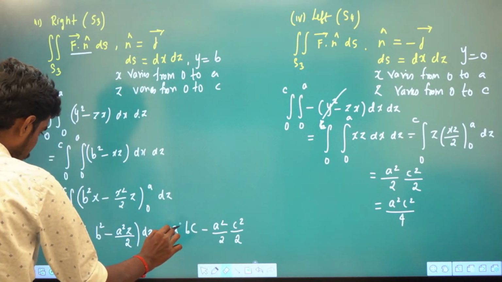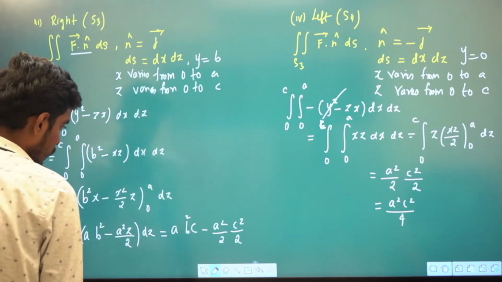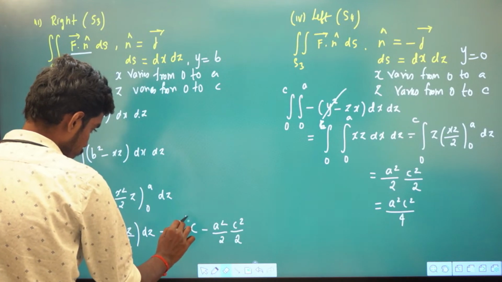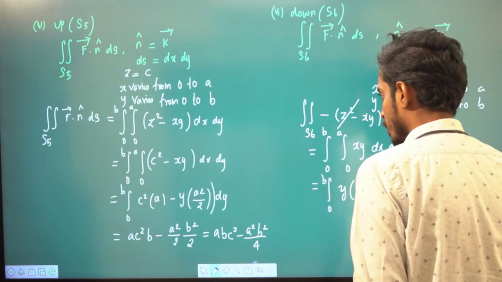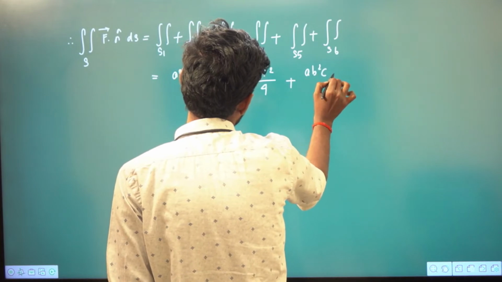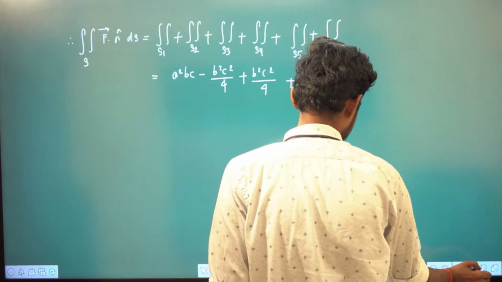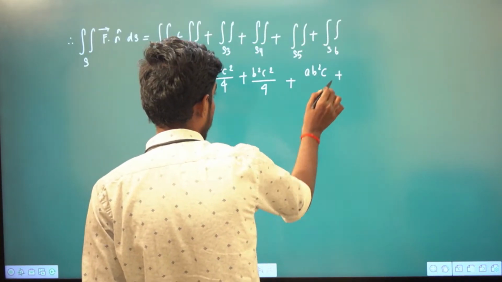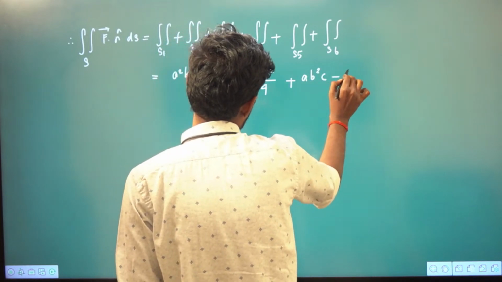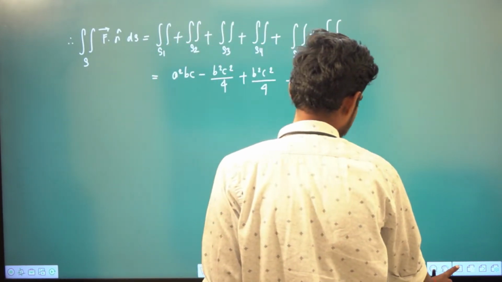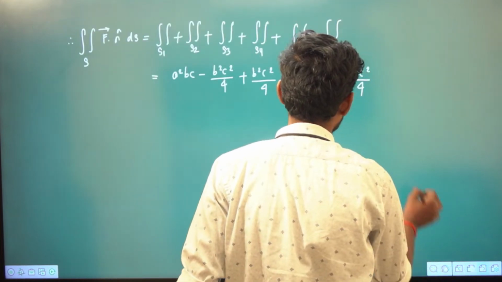This will be ab square c constant. So ab square c minus a square c square by 4. Here you have plus a square c square by 4.